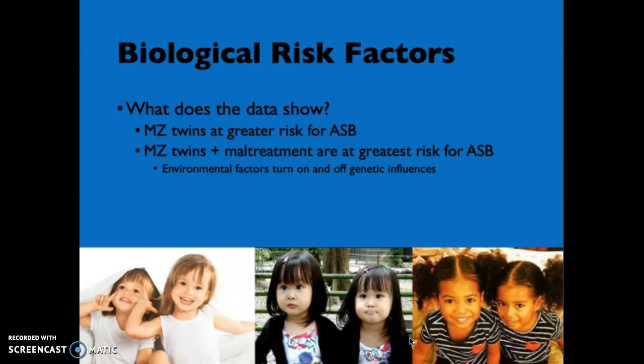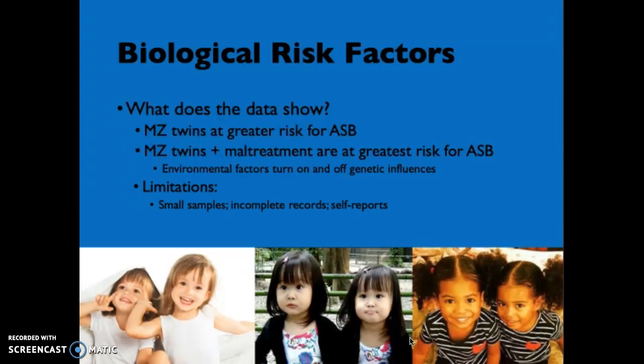So we have a readiness based on our genetics, but it doesn't necessarily take hold. It's not 100% that if you have that gene you're going to be antisocial, for example. But if you have the genetics and the maltreatment turns on that genetic factor, then you're at even greater risk of showing that antisocial behavior.